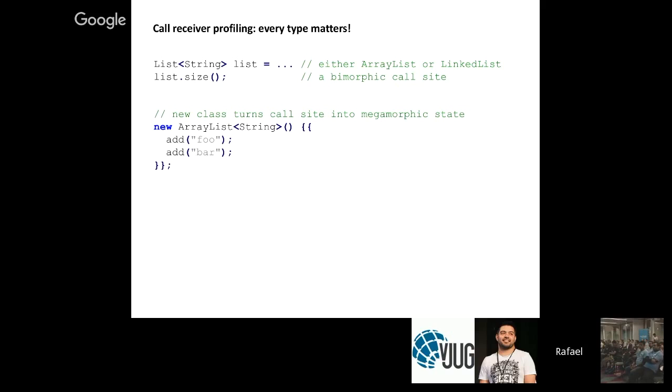And this is already a bad idea because you keep a reference to the outer instance if it is not called within a static context. And then you create a memory leak in the worst case. But what you also do is you create a third type. And if this type appears at the size method invocation, then you have suddenly a megamorphic call site. And for the size method call, it might not be so bad because there's not so much to inline in there, but it's still a potential performance threat.